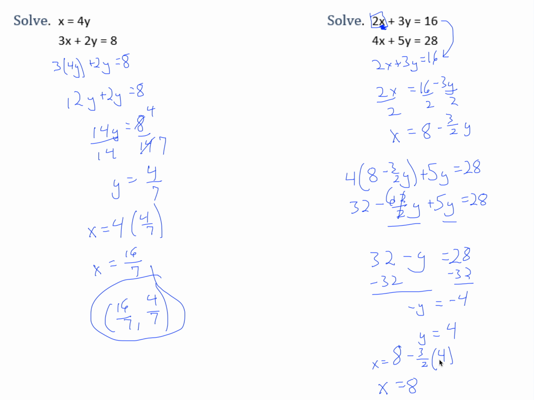We want to multiply these. This is like 4 over 1. 2 and 4 reduce. So we have 8 minus 3 times 2, which is 6. So x equals 2. And our answer then is 2, because x comes first, and then 4.